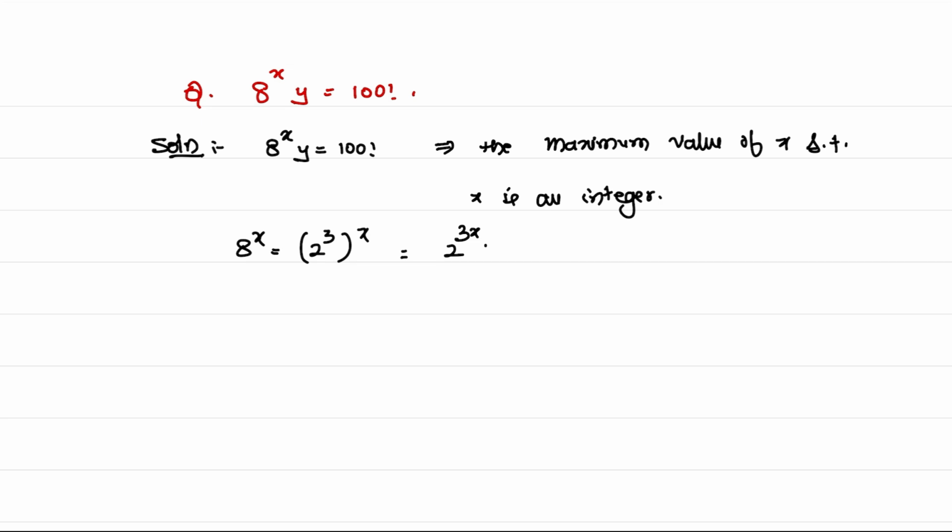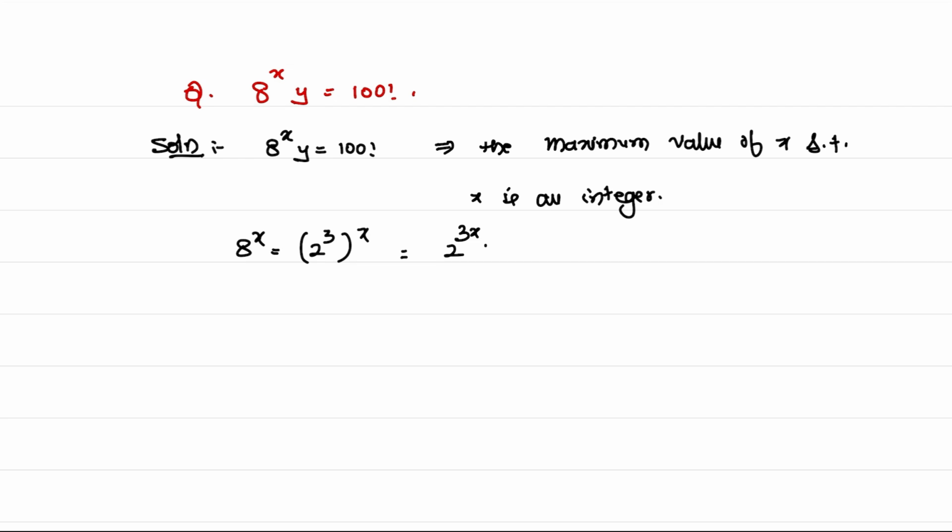Now, we have to apply a certain theorem, because here we have to find out the exponent of 8. For the exponent of a prime, the exponent of 8 is not a prime. Hence, we have derived 8 to the power of x is equal to 2 to the power of 3x.